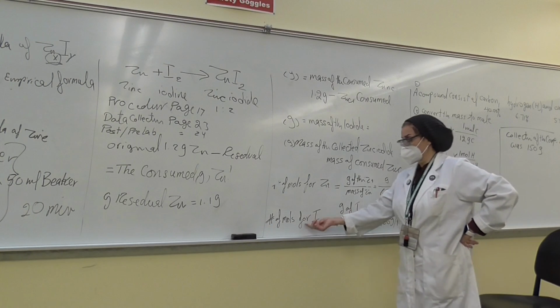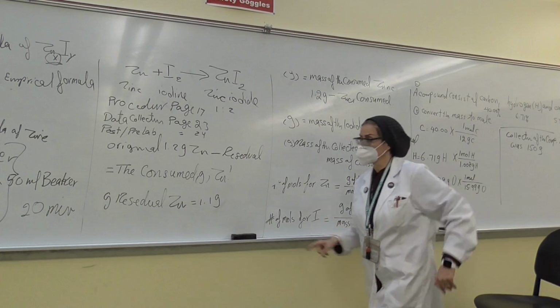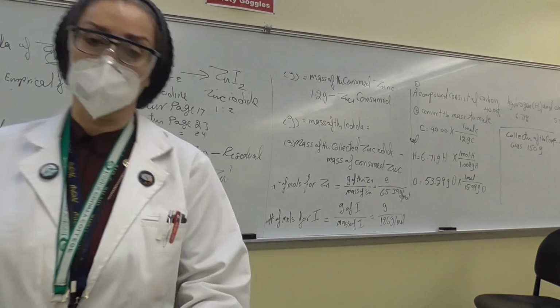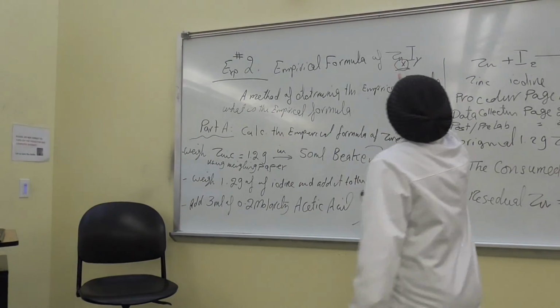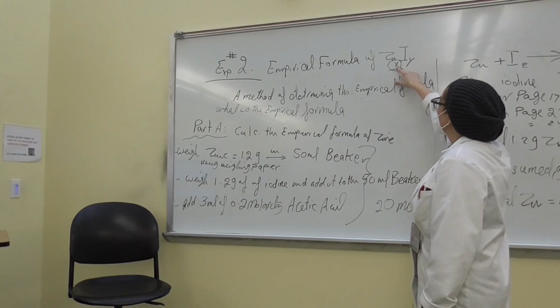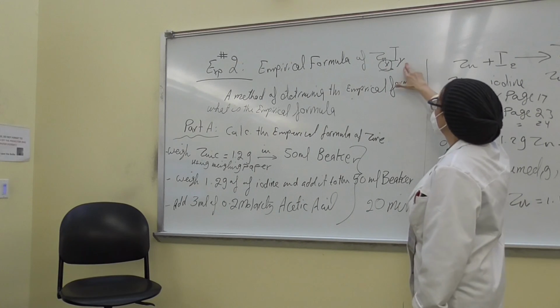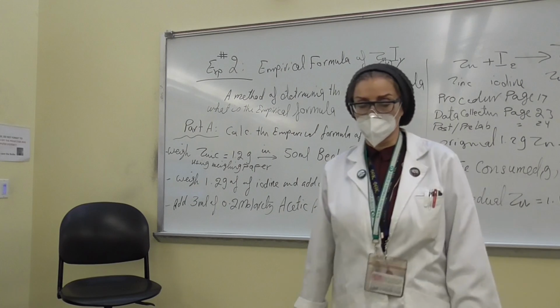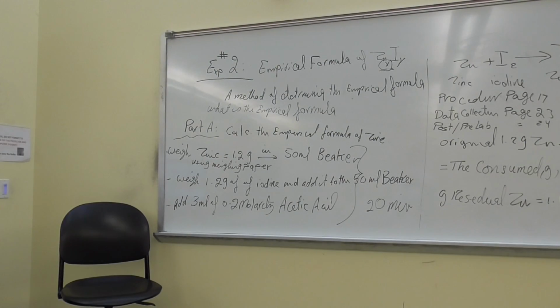And this is going to give me the number of moles of the iodine. This is exactly what we are after. We want to find the subscripts, the X and the Y. So the X is the number of moles of the zinc reacted, and the Y is the number of moles of iodine reacted.